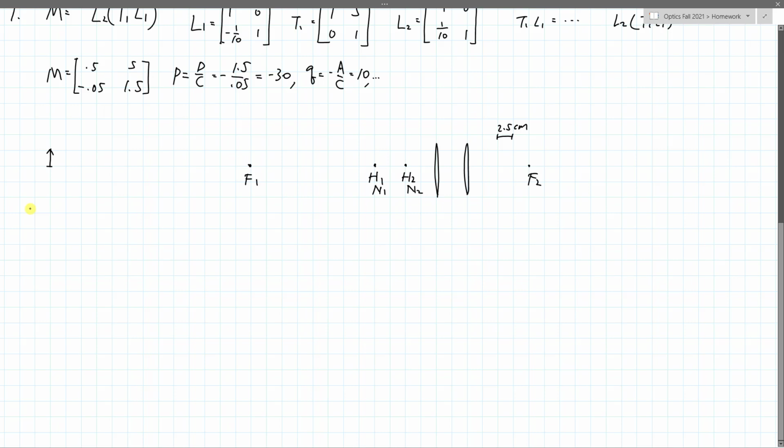So first of all, we can go through the focal point and then hit the first principal plane, and then bend suddenly into a horizontal ray. And in doing this, I need a longer ruler. Let me see what I can find. Okay, got a longer ruler.